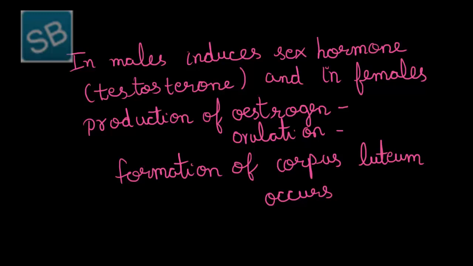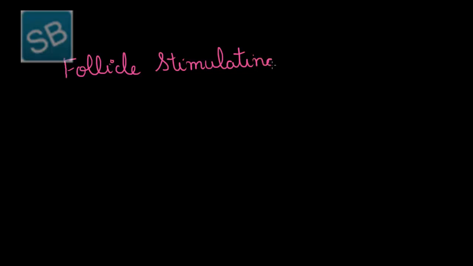Then the sixth and final type of hormone is follicle stimulating hormone. This is also a type of sex hormone which induces the production of testosterone in male and production of progesterone in female like that of luteinizing hormone.